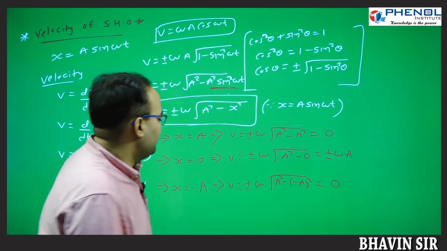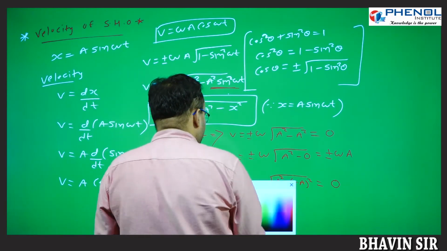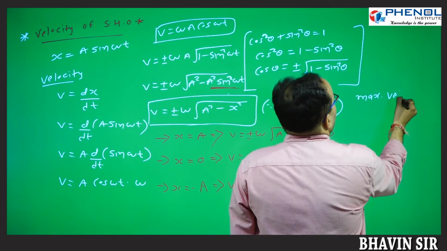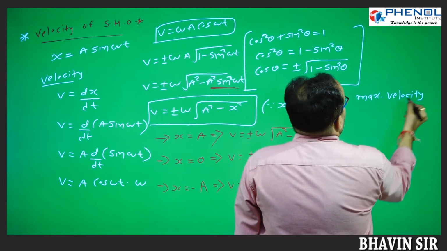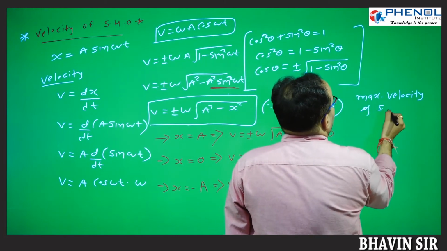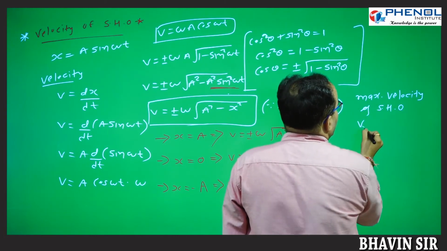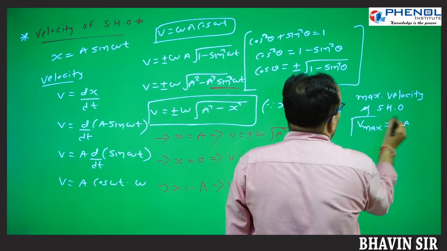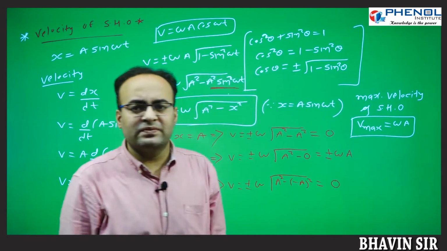Okay, so what is the maximum velocity? The maximum velocity of SHO is omega a. What is the maximum velocity?